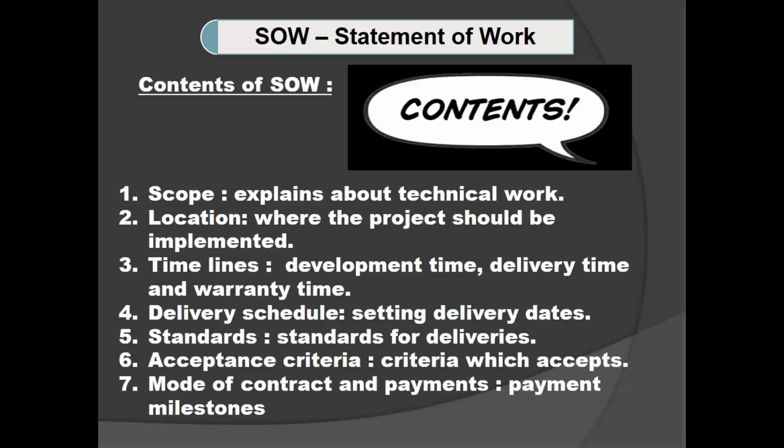And next one is retainer. Retainer means the client is going to pay the billing based on the resources. So here the client is going to say, I want one project leader, one BA, 4 testers, 4 developers.